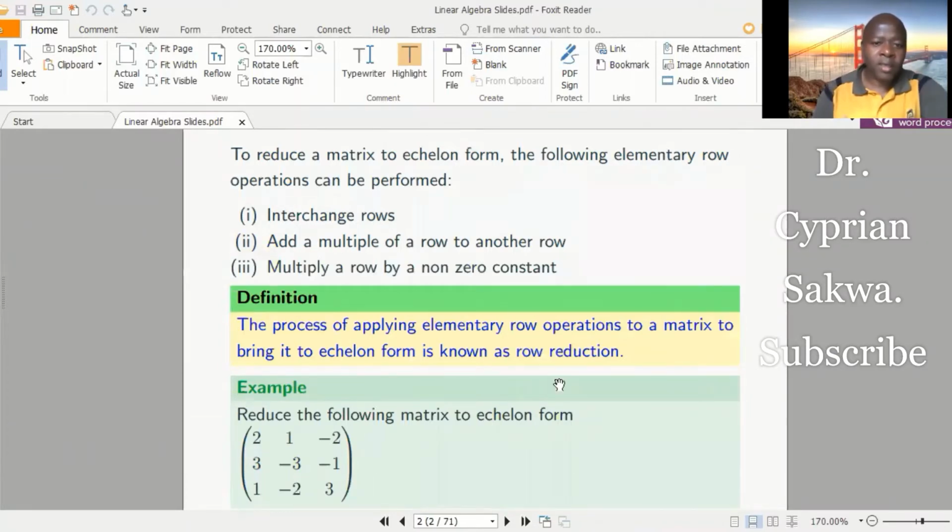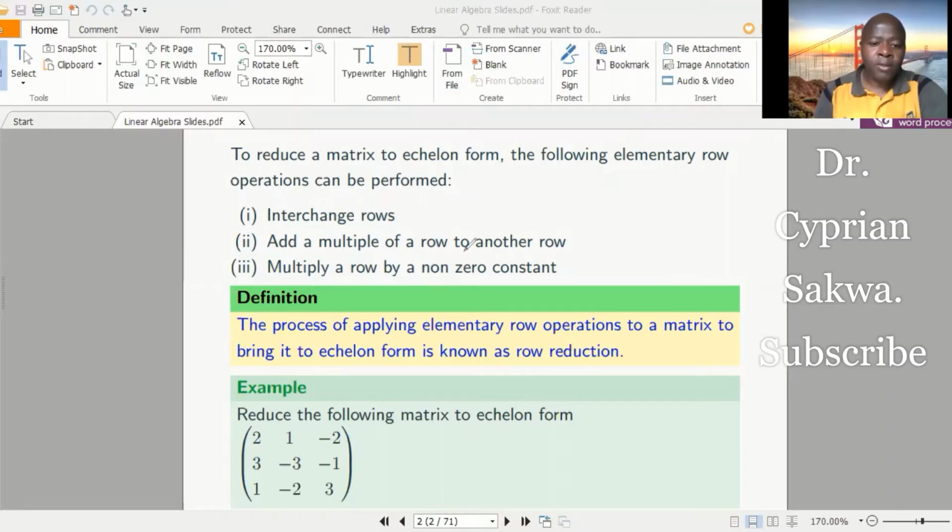We can reduce a matrix to echelon form by either interchanging rows, or adding a multiple of a row to another row, or by multiplying a row by a non-zero constant, or by combining these operations.